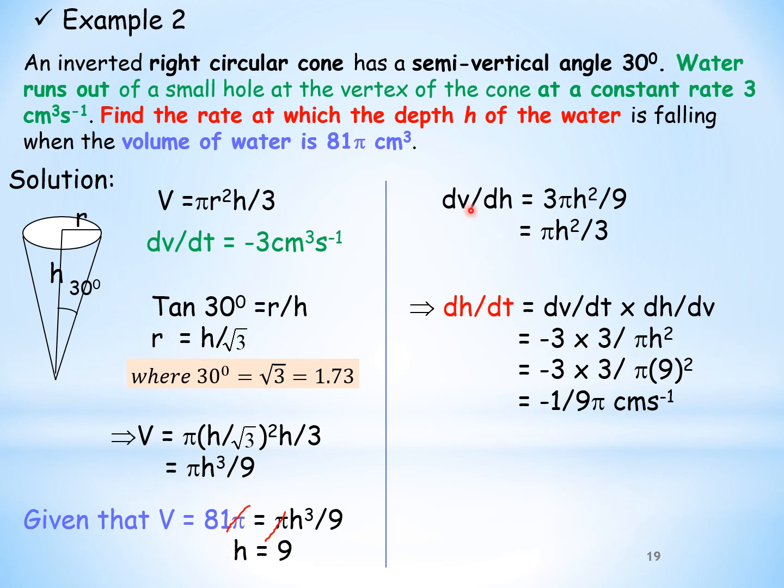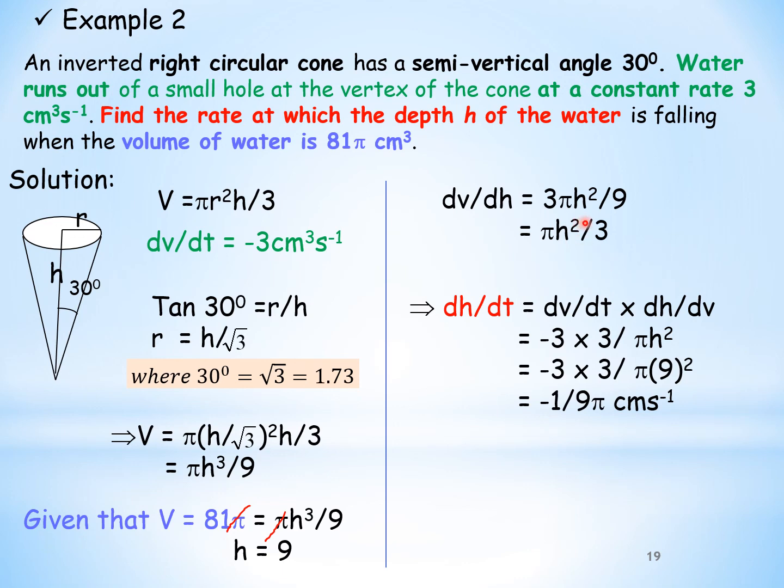So dv over dh, berbalik semula kepada dv over dh. Where did I find dv over dh? Volume over dh. So previously we have this 3 pi h square over 9. So you get this part.